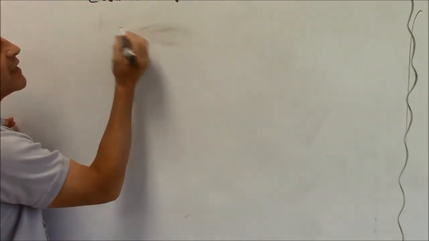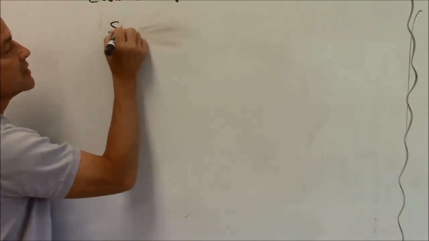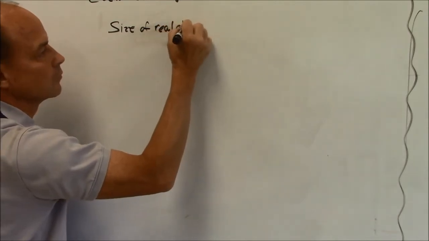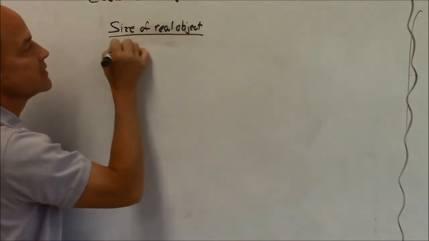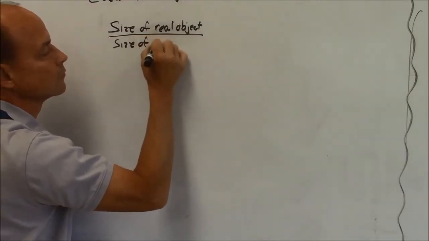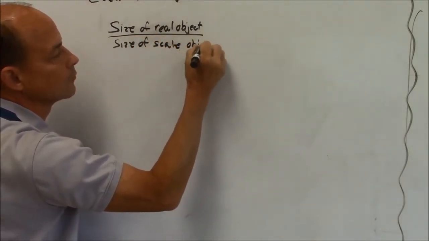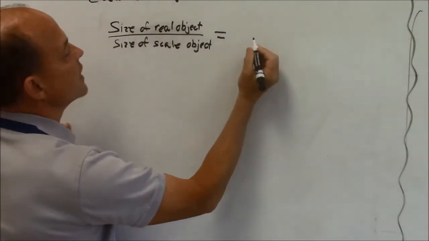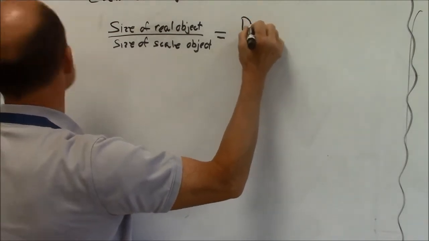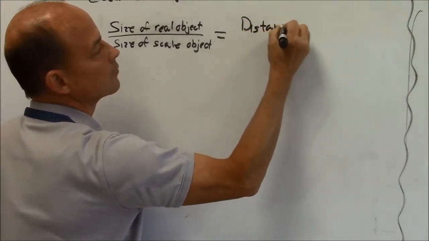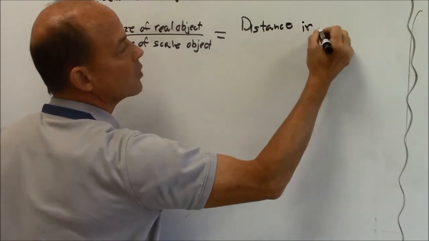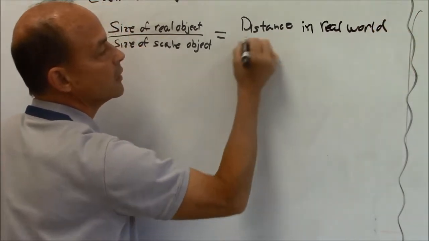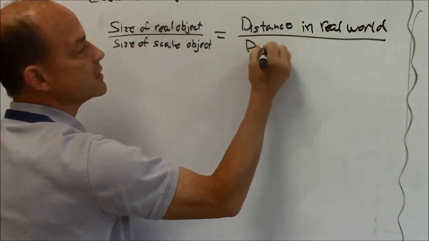All right, so let me set up a proportion that we're talking about with our project. So we said the scale factor is equal to the size of the real object divided by the size of the scale object. Okay, we're going to set that up as a proportion, because now we can say that the distance in the real world is equal to the distance in the scale world.